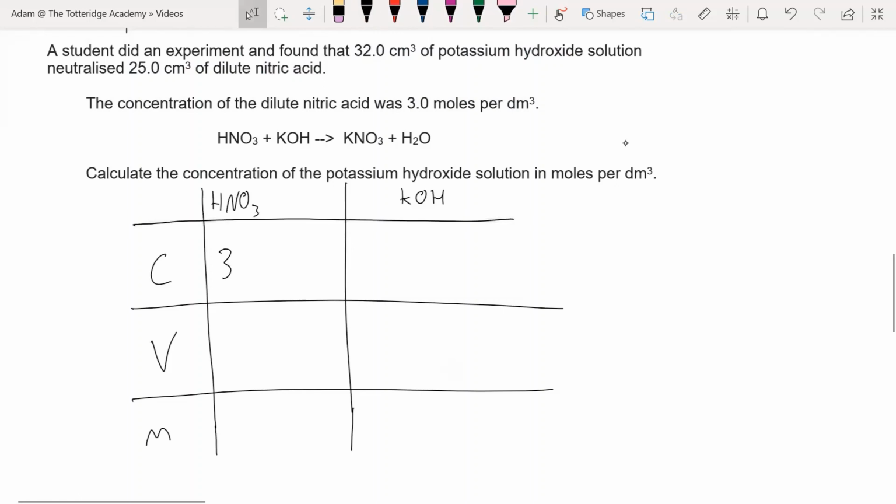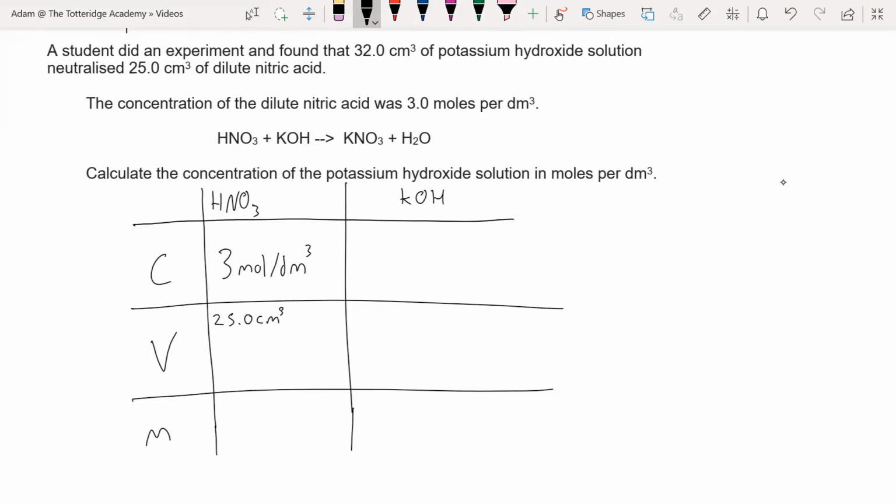I can put that in over there. Do I know what the volume was? Have a look, see if you can figure it out. What was the volume of nitric acid? 25.0 cm³. Beautiful.